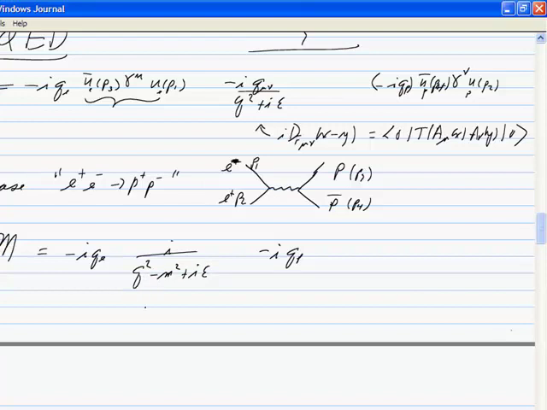And so that's exactly what we wrote before, but now q is p1 plus p2, because if you have these lines going in, then q is the sum of those, and it's the sum of the final ones.